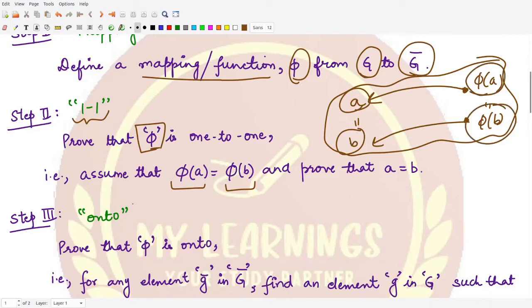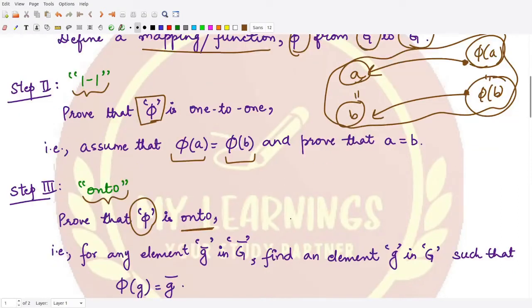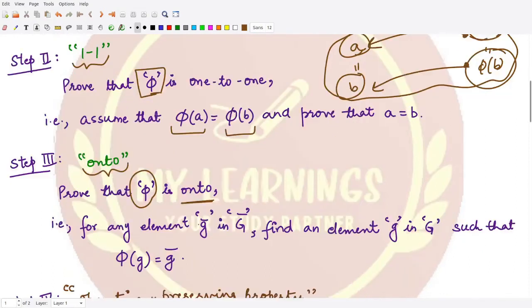Third step is proving the onto property. So we will prove that the defined mapping phi is onto. What does it mean and how will we prove that it is onto? We need to show that for every element, say small g bar, present in capital G bar, we will find an element small g in capital G such that when you apply phi onto this small g, you will have small g bar, right?